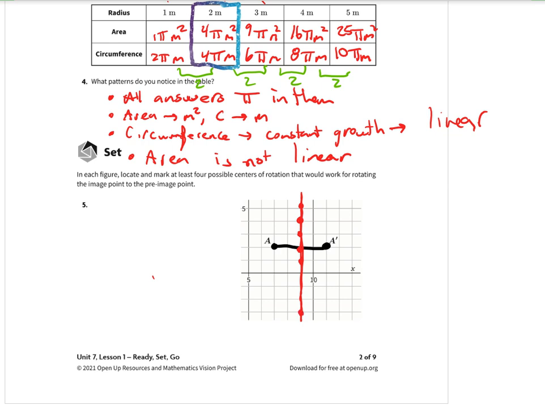So that's what? 9, we could say 9, 0, 9, negative 1. We'll say 9, negative 4. I mean, they're like literally all of these points are fine.